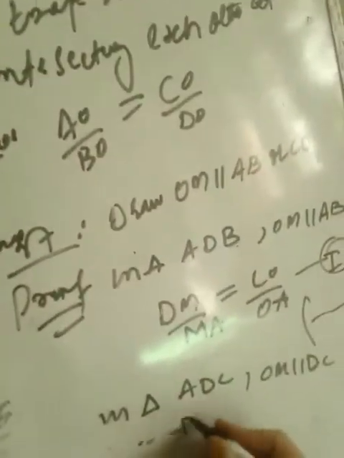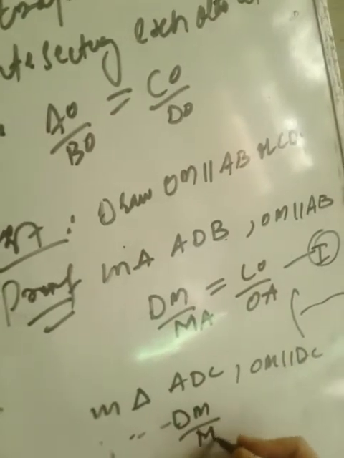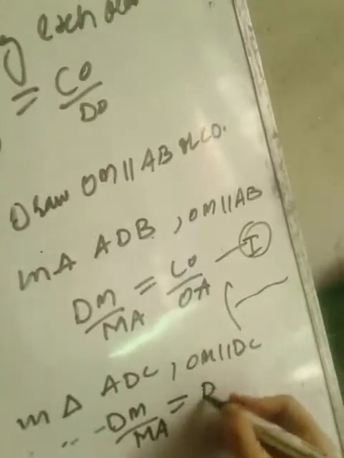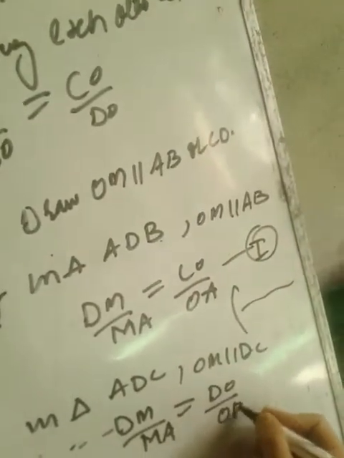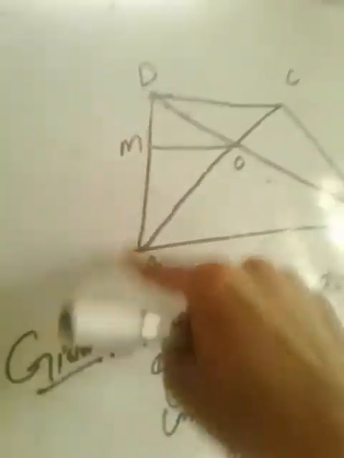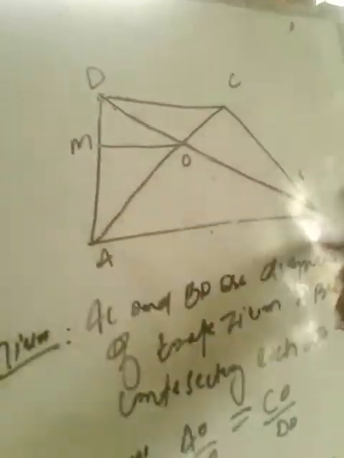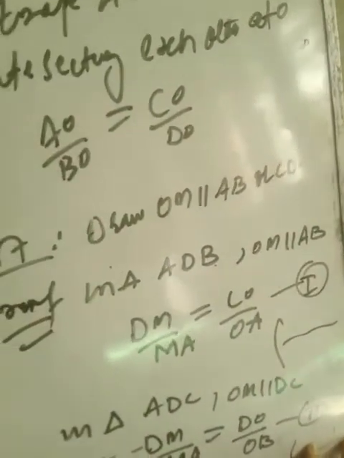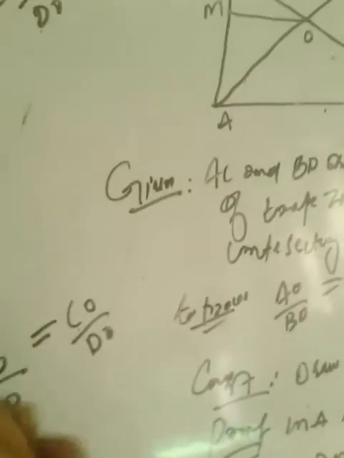So we will write DM by MA equals DO by OB. Name it the second. The reason is Thales theorem. And what is Thales theorem? If a line is drawn parallel to any side of a triangle, the other two sides are divided in the same ratio.